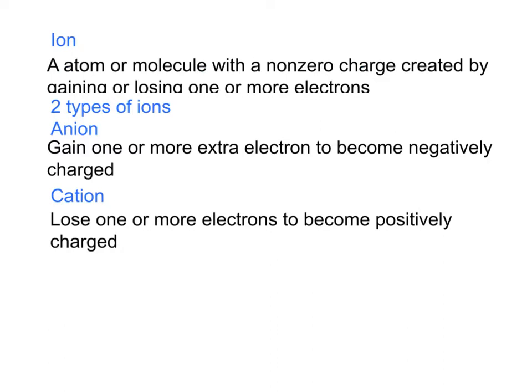The first type is the anion. This one gains one or more extra electrons to become negatively charged. The way that you remember it is a negative ion. Anion just means negative. They have extra electrons above and beyond their number of protons.